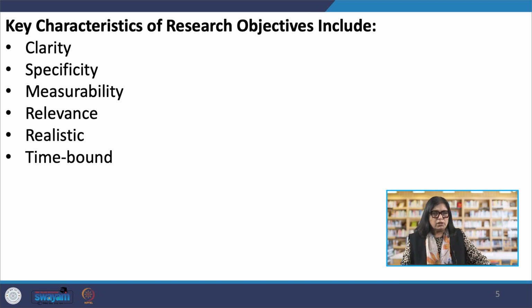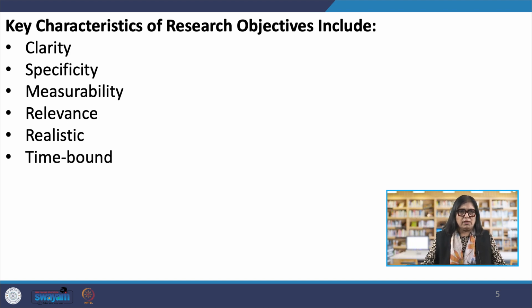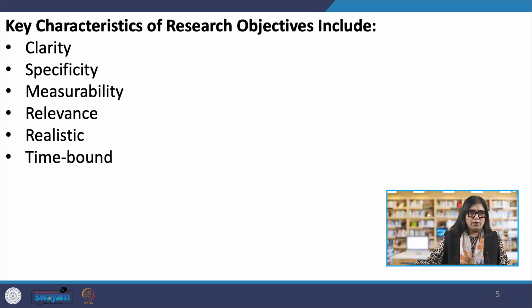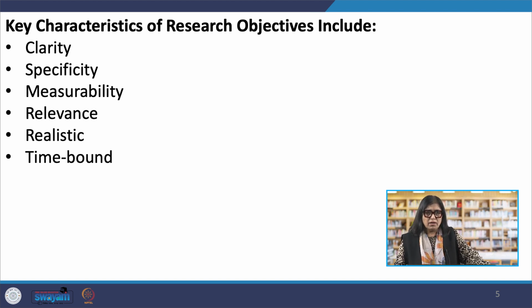Measurability: research objectives should be formulated in a way that allows for measurement and evaluation. This means that there should be a way to determine whether the objectives have been achieved or not. Relevance: objectives should be relevant to the research topic and align with the overall research question or hypothesis.